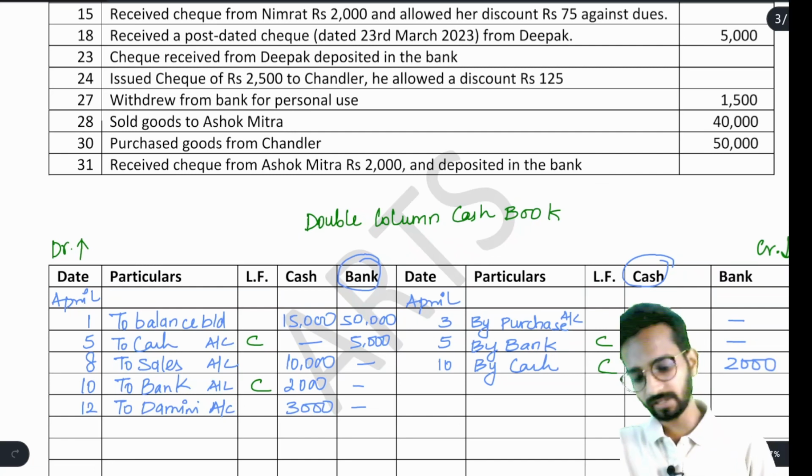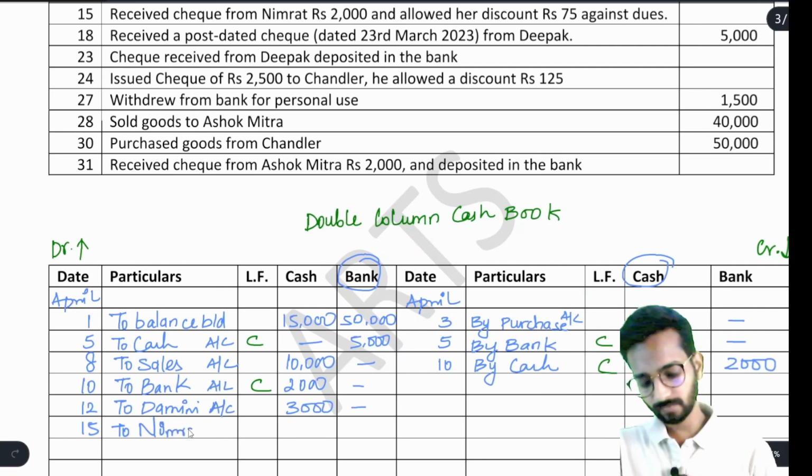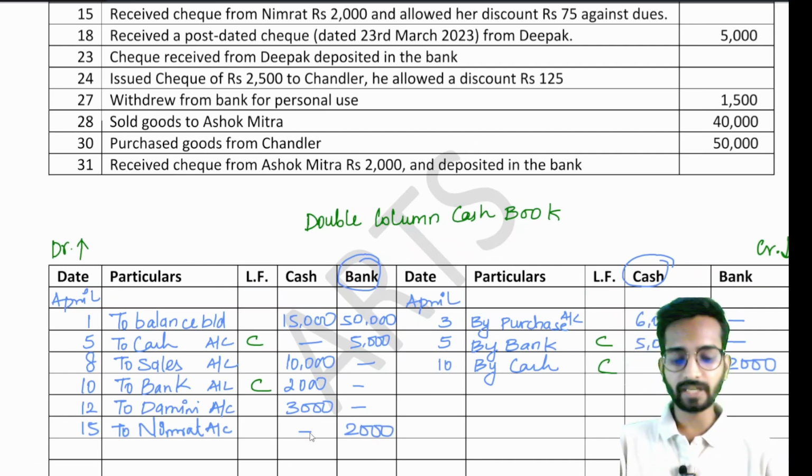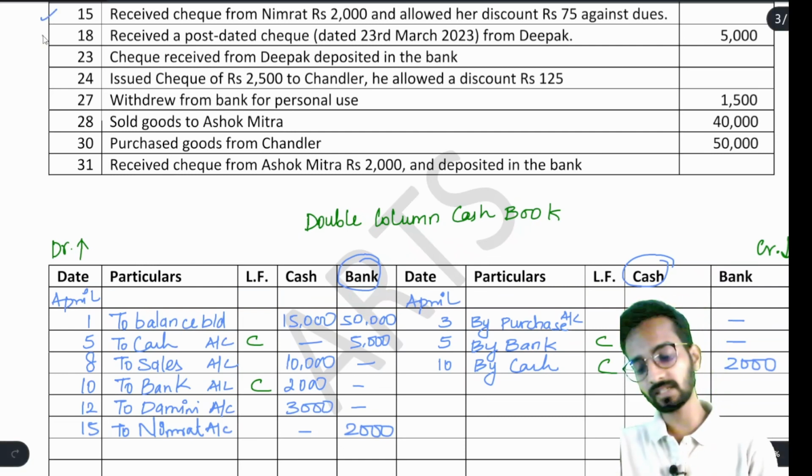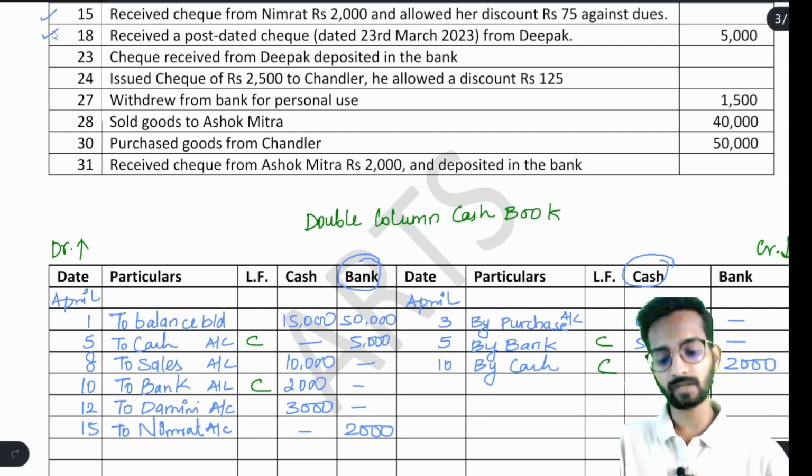Now what will we write here is on 15th April to Nimrat. How much money, how much check? 2,000 rupees. Now, after that, we received a post-dated check from Deepak. Now see, there is a difference between the 15th transaction and 18th April transaction. Why?